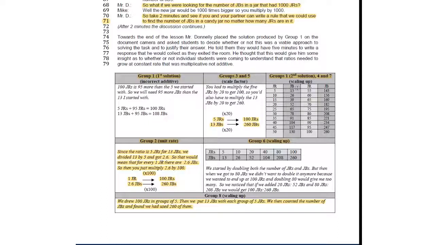Group 1, because they redid their work, along with groups 4 and 7, used scaling up with a table. And so did group 6. They just went about it a little bit differently. But look at group 8. They drew 100 Jolly Ranchers in groups of 5, and then they put 13 Jawbreakers with each group.